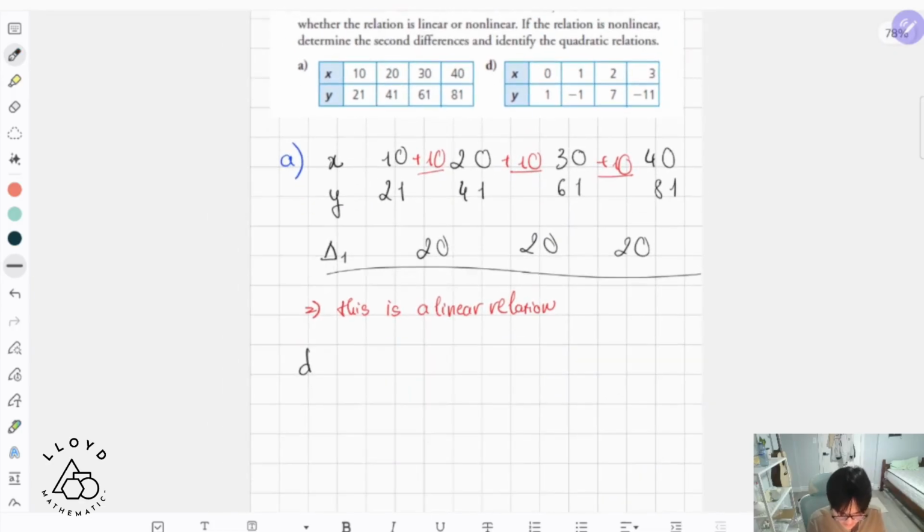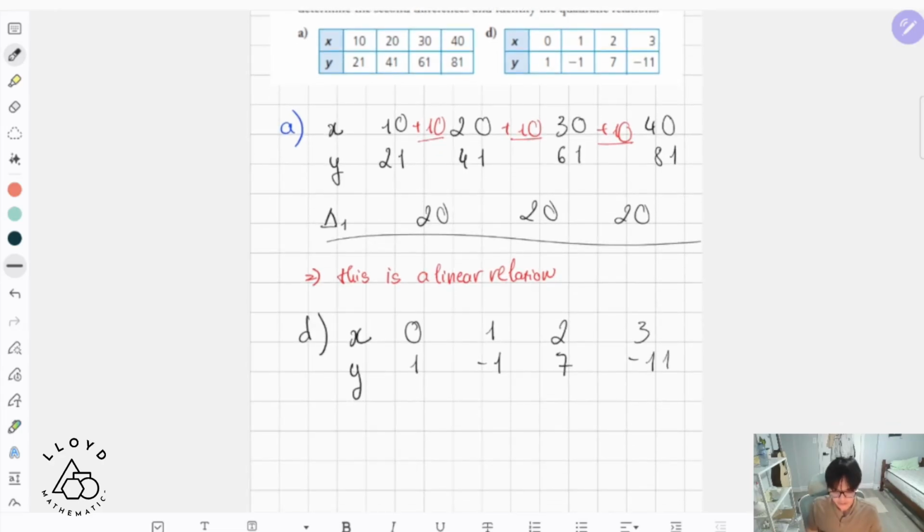Okay, and let's try example D. With example D, I got x is 0, 1, 2, 3. Y is equal to 1, negative 1, 7, and negative 11. Okay, so in this, we just do the same thing.